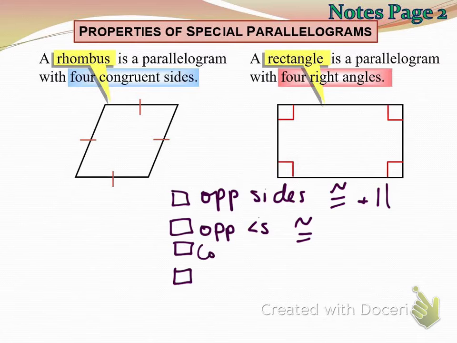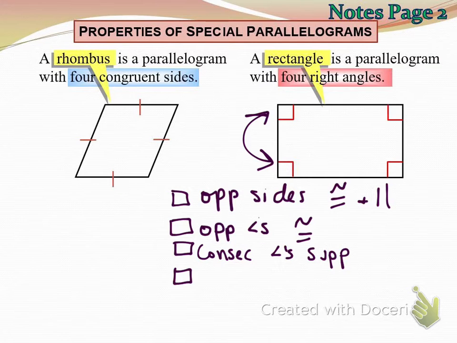What about consecutive angles? Supplementary. So the angles next to each other have to add up to 180. What's 90 plus 90? 180. And then I know you don't see it yet, but the diagonals bisect each other. So they have all 4 properties of a parallelogram because they're specific types of parallelograms.